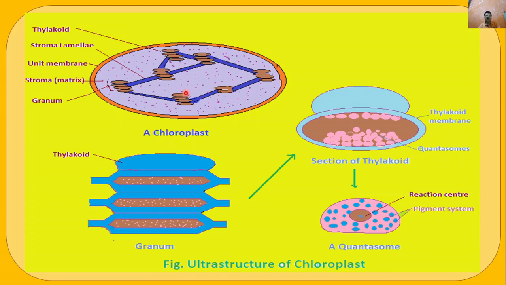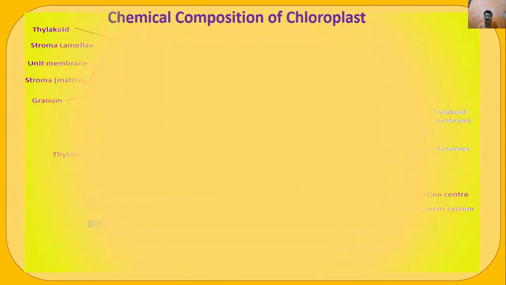If you see this part, that is a granum, an enlarged structure of this grana looks like this. Now if you see a thylakoid, it will look like this. So this is a section of a thylakoid, and this is the quantasome. So this is nothing but the ultrastructure of a chloroplast.